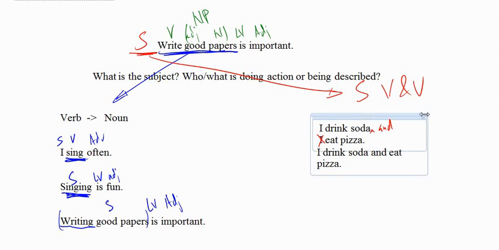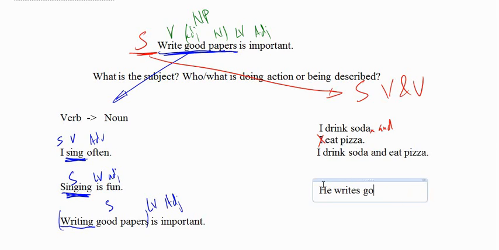Now, at this point, what you can do is you can ask them, are you saying something like this? Are you saying he writes good papers? And are you saying he is important? Now, if that is what they're saying, then go ahead and have them do the same thing.